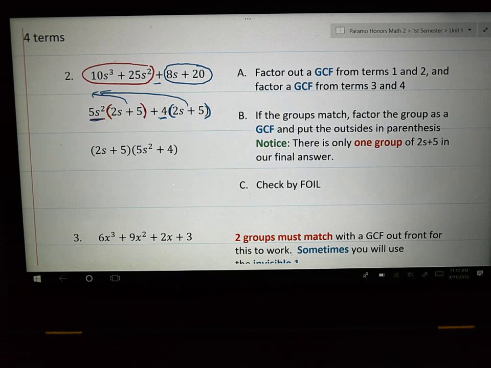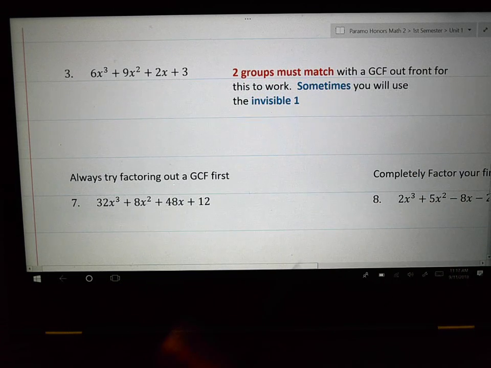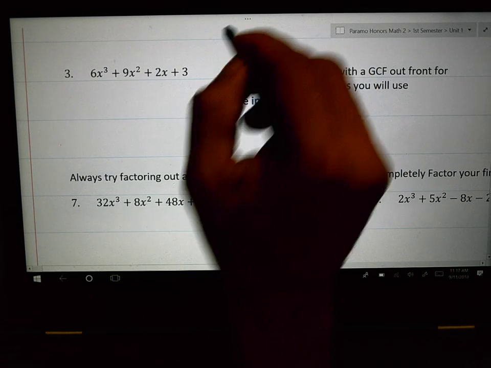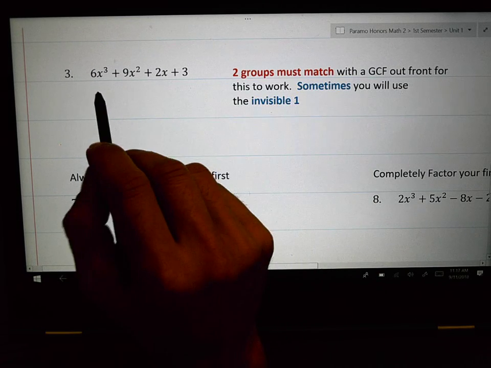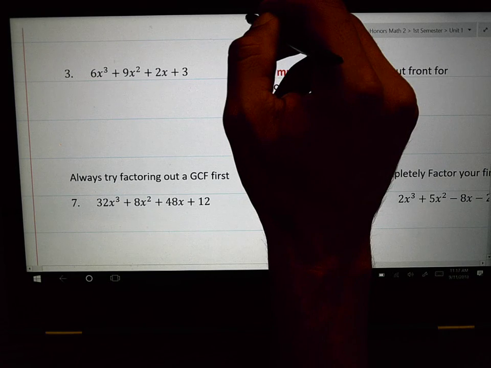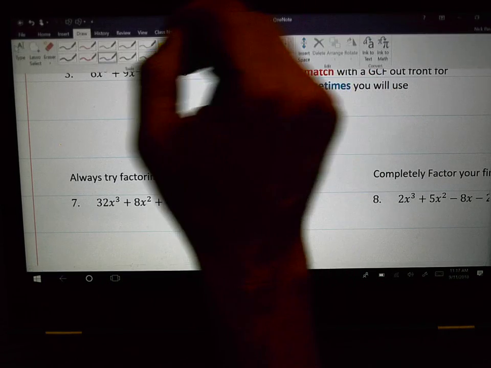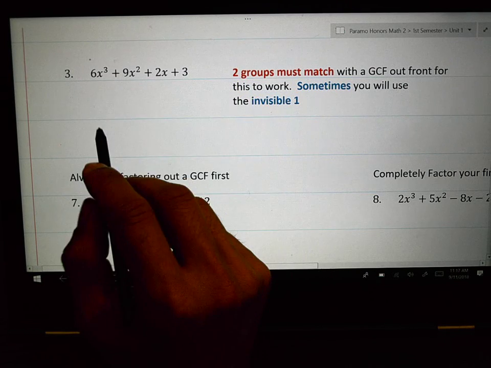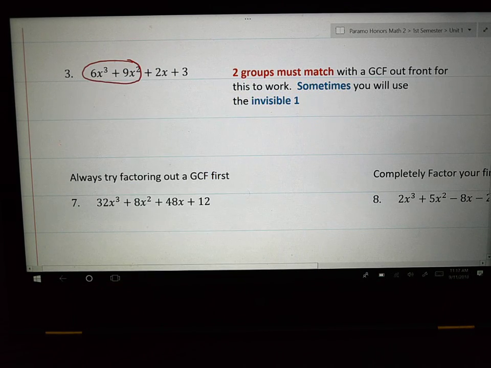I don't know if that made sense to you or not, but I'm going to find out right now. Here we go. Let's do number 3 together. The first thing that we do, is there a GCF of all 4 terms? No. There are 4 terms. So with these 4 terms, I am going to think factor by grouping, and I'm going to treat these first 2 as a group.